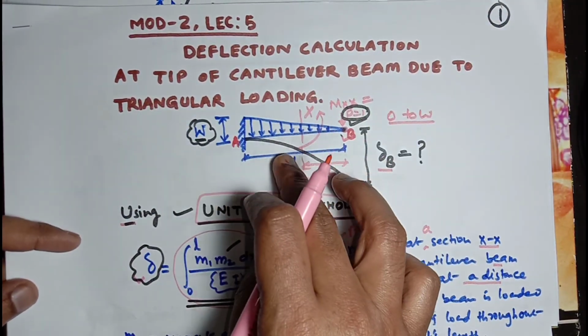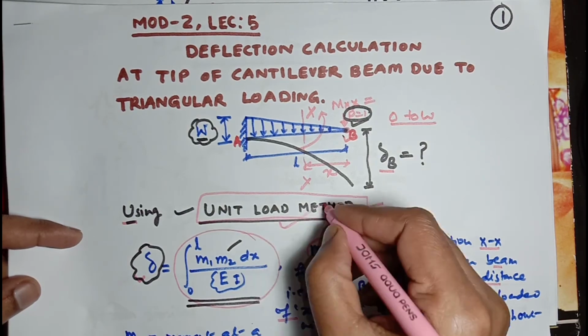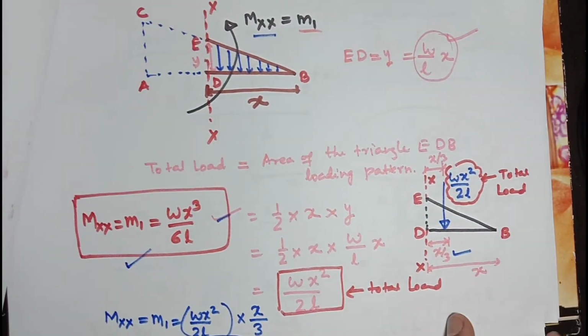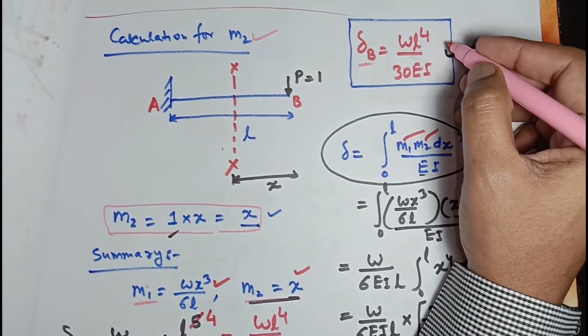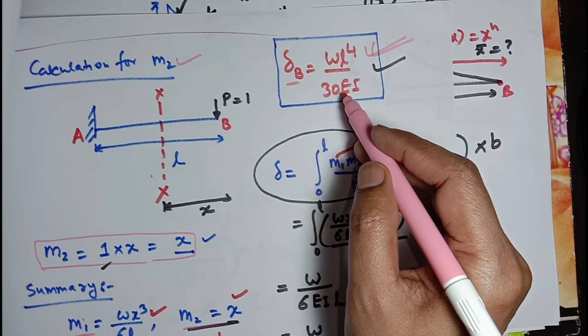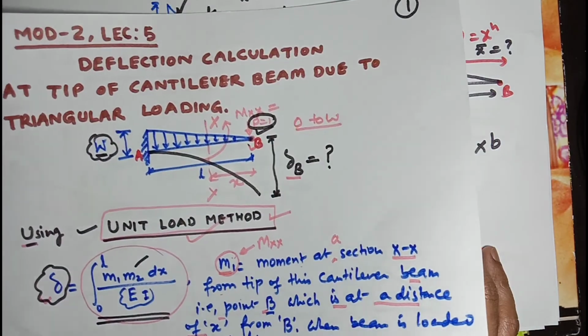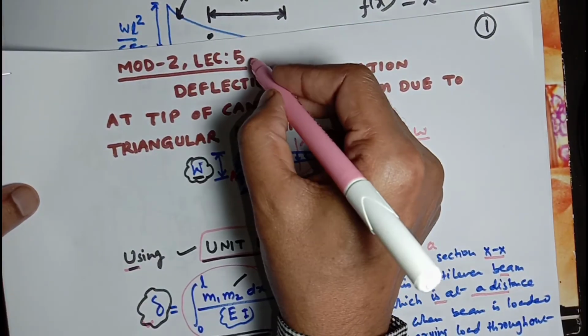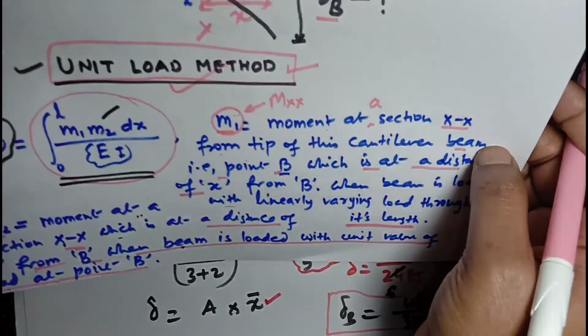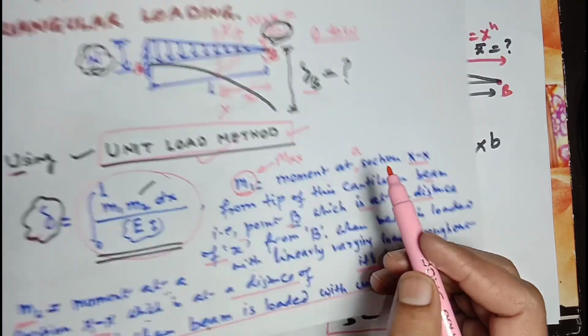That same example was solved with the unit load method, and the value was wL to the power 4 divided by 30EI. This is the value for deflection. You can see lecture 5 of module 2 to go through the same example with the unit load method.